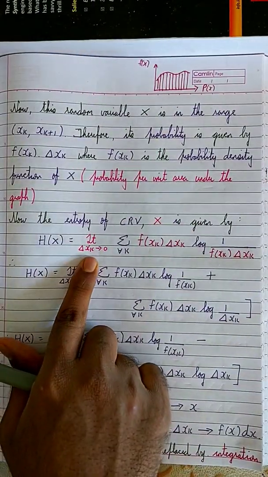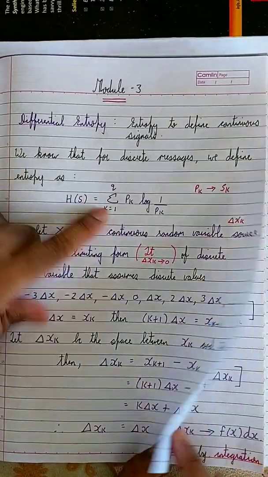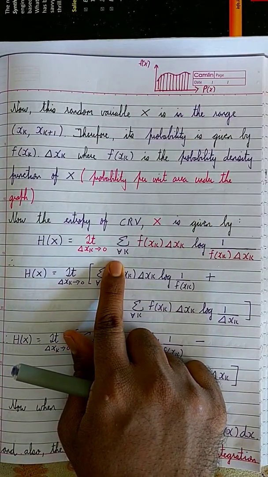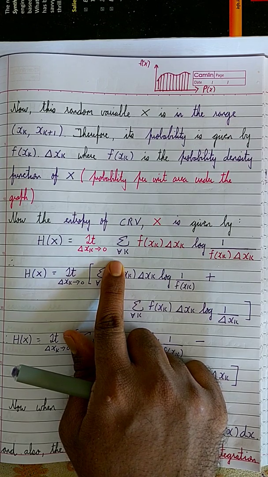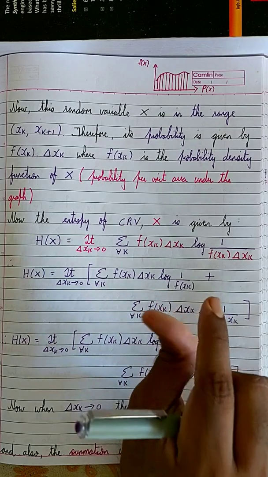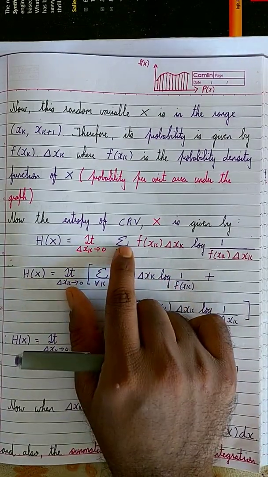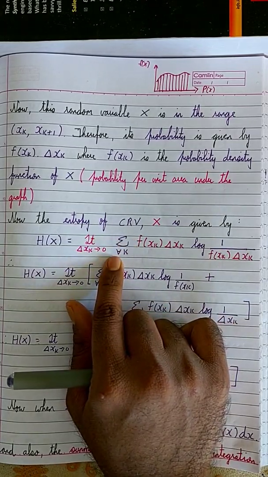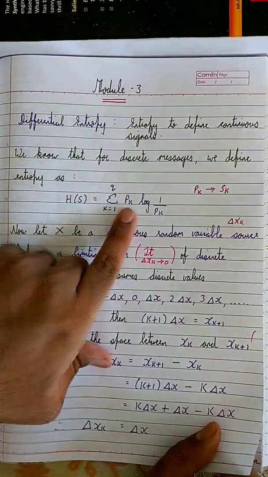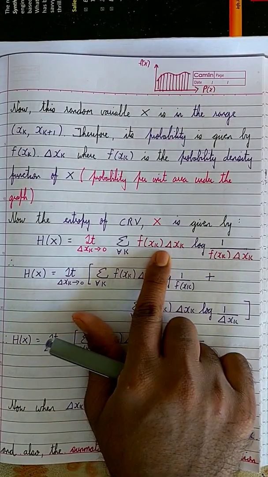So I'm going to apply the limit over here, and sigma, the same sigma over here. And here the number of values of k is infinite, right? Because the values of k are not discrete. We know that the number of sample points between any two points of a continuous random variable is infinite. So therefore I'm going to say sigma for every value of k, the same probability pk, instead of pk in discrete, I'm going to say f of xk del xk.